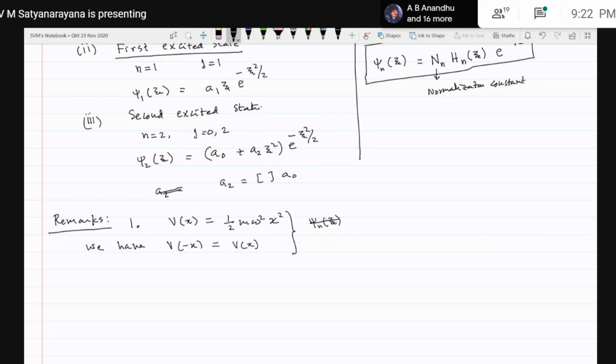So I'm making this a general discussion. So psi n of x should have a definite parity. It should be an eigenstate of the parity operator.